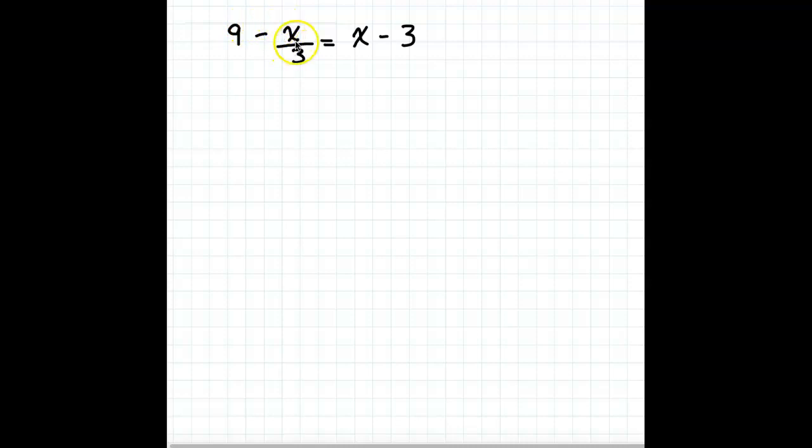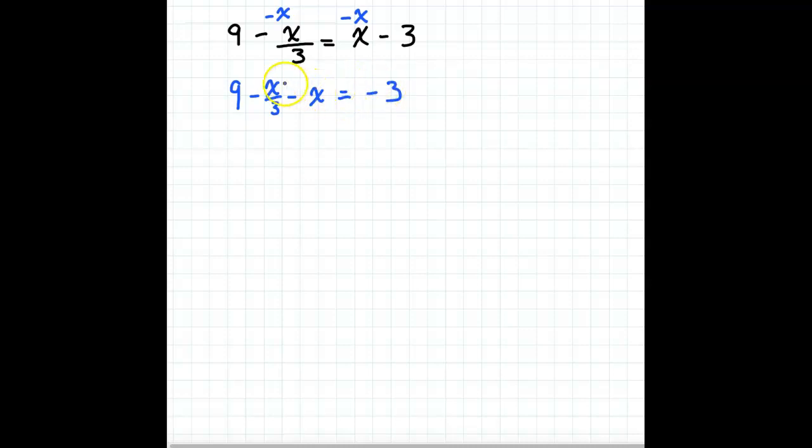Okay, so again, we have x on both sides of the equation, so that's the first thing I should get. X is on the left. And so that's not such a tough thing to do. I'm just going to subtract x from both sides of the equation, right? So I'll have 9 minus x over 3, or that's the same as 1/3 x, minus x equals -3.